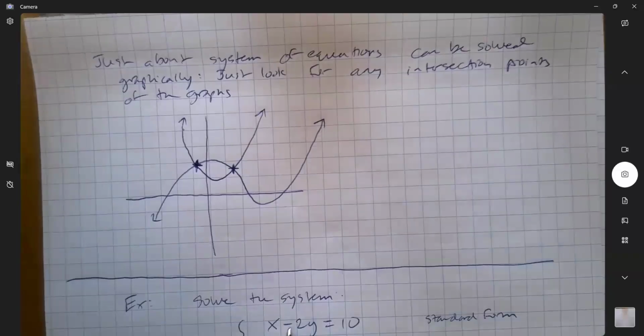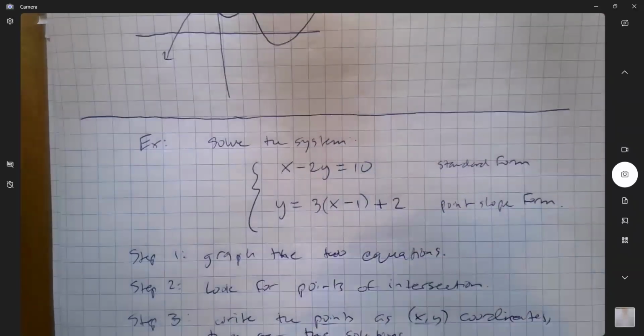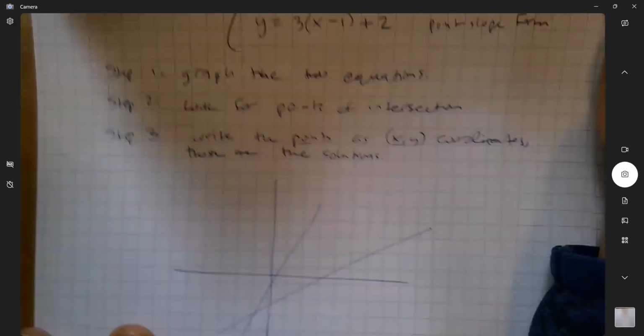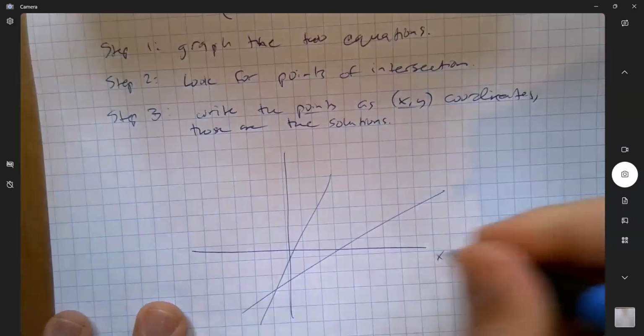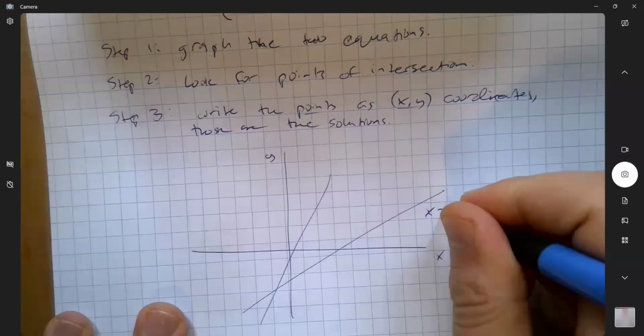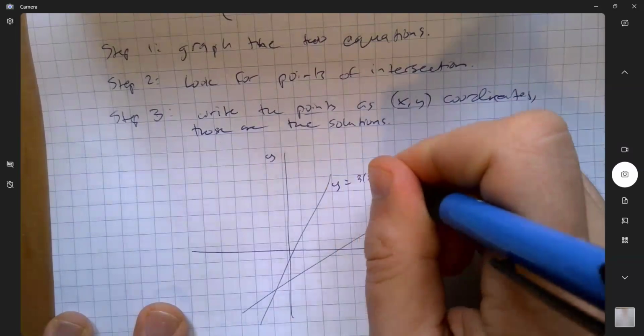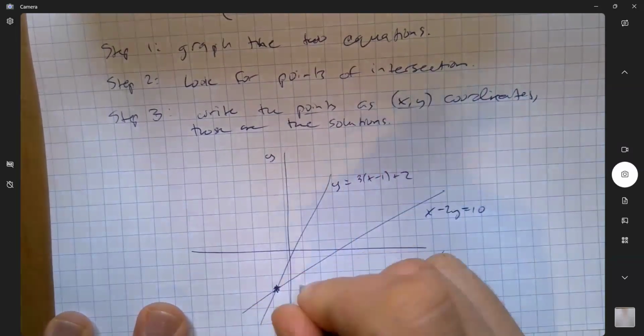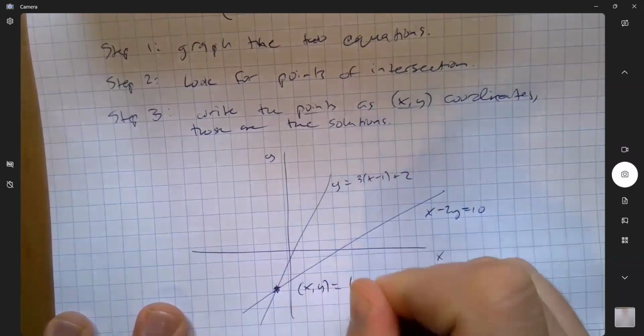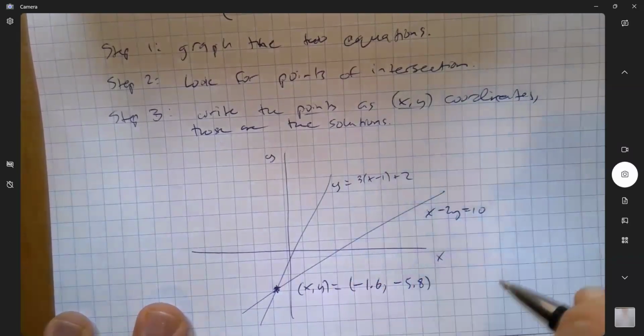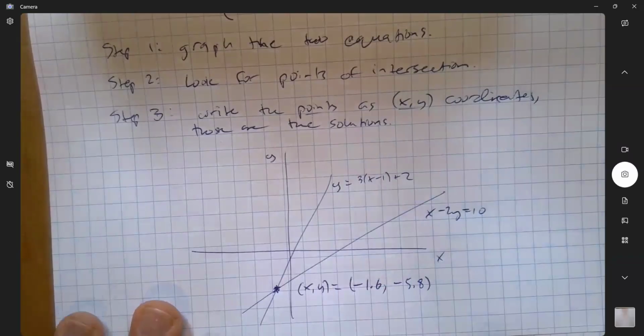So we have these symbols here, and using Desmos, I graphed them. The first one looked something like that, and the second one looked something like this, and that point of intersection right there, xy, was negative 1.6, negative 5.8. I'm fine with decimals. Desmos gives you decimals, but we're solving things graphically. So if that's what Desmos gives us, no problem.